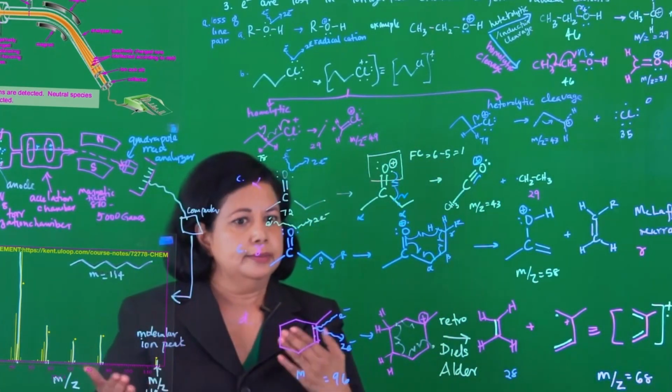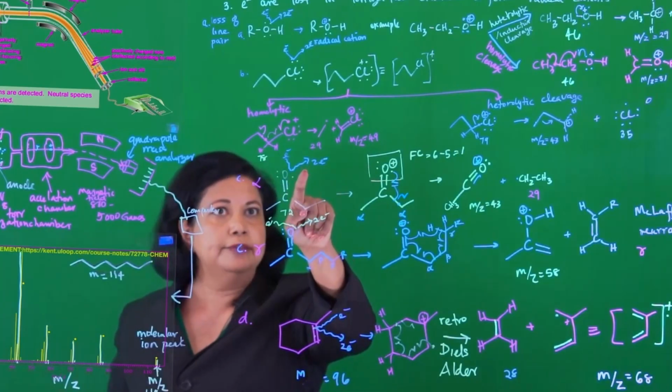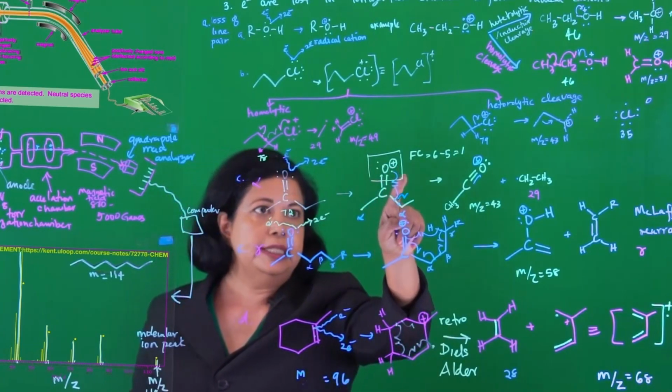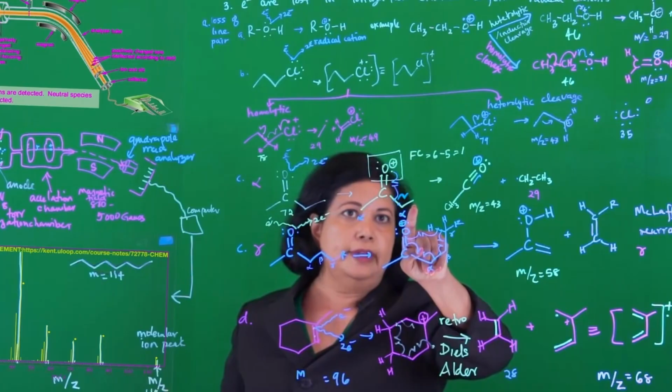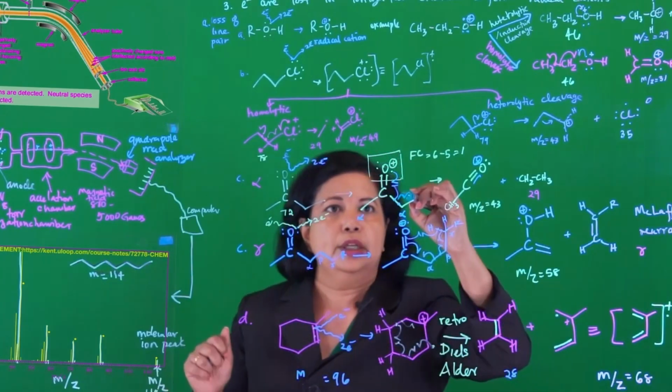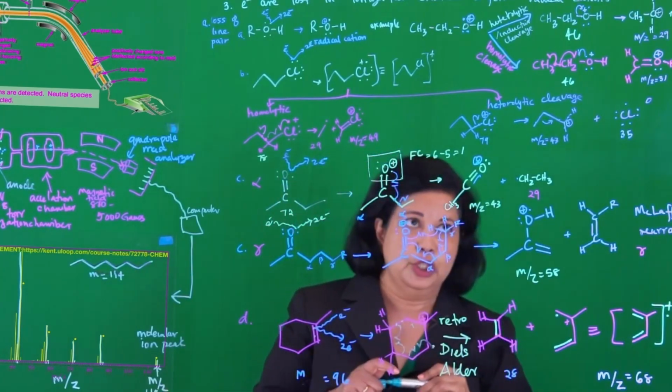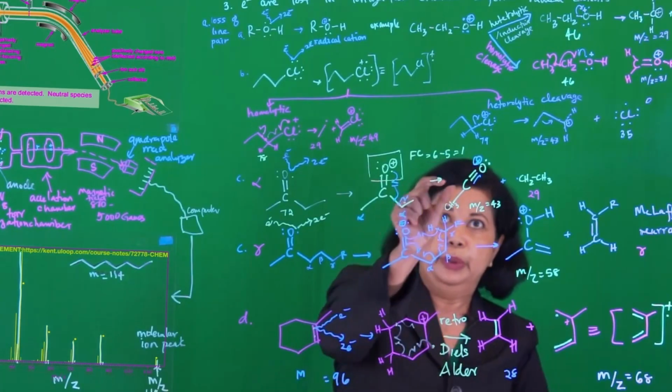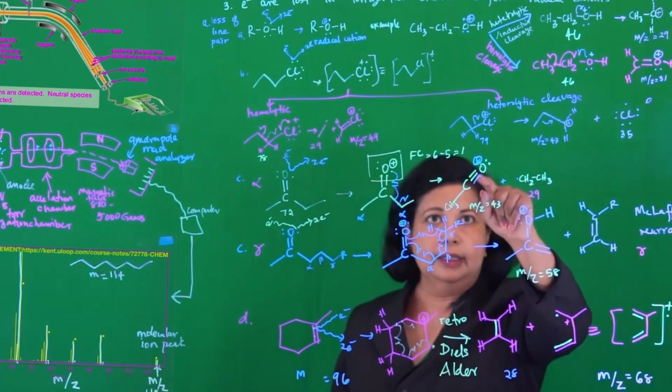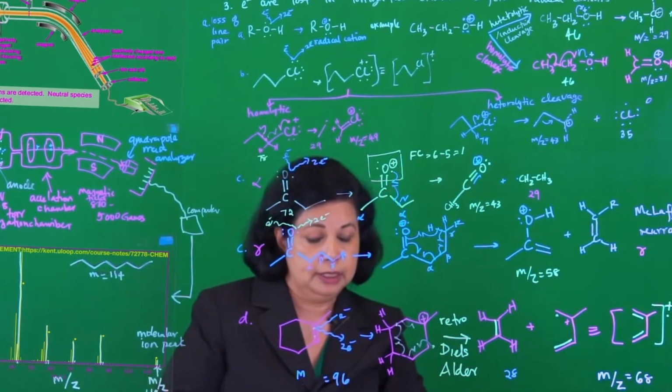Now there are other pathways. If you have carbonyls, you can do the same thing and get an alpha cleavage over here, where your electrons are going in different directions and giving you one of these triple bonded carbonyl bonds.